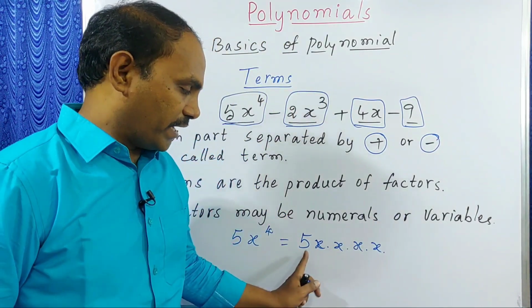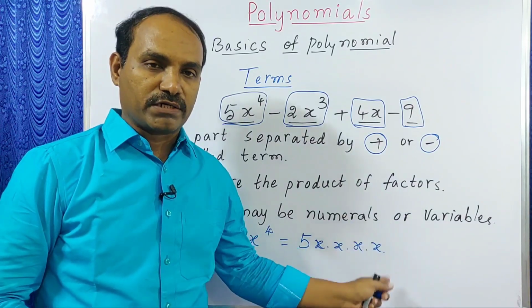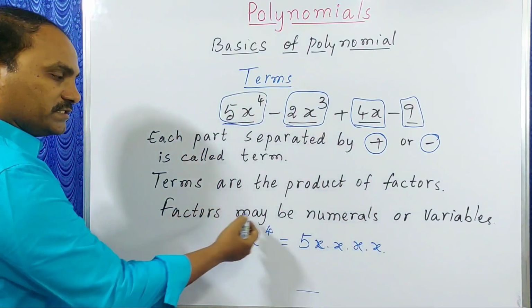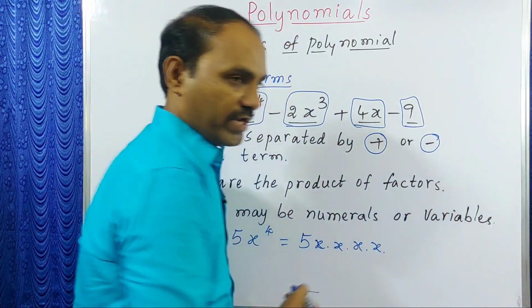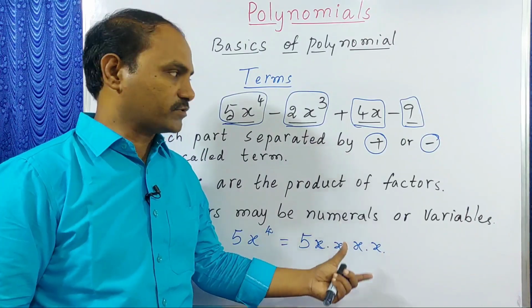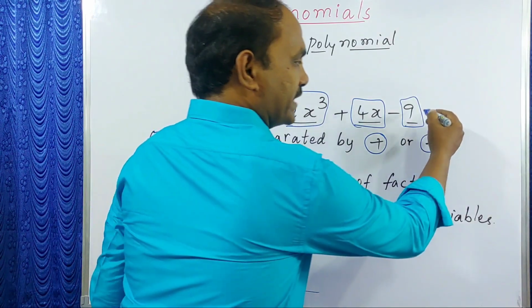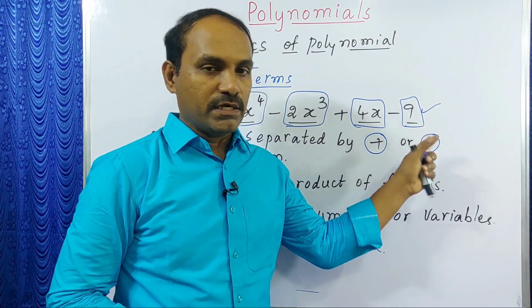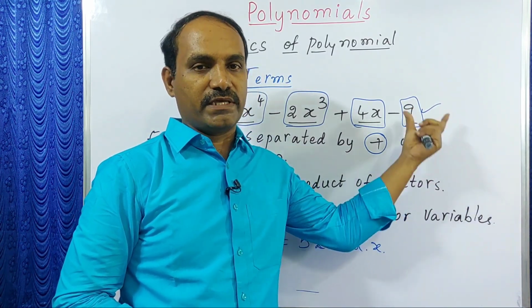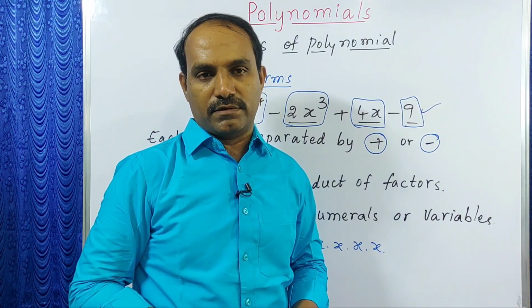Here 5 and x are called the factors of the term. Factors may be numerals or variables. Here a numeral is there, a variable is also there. Sometimes only numerals come, like the last one, 9. In this term only a numeral is there. That's why here the factor is only a numeral.